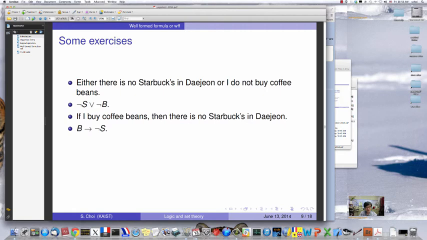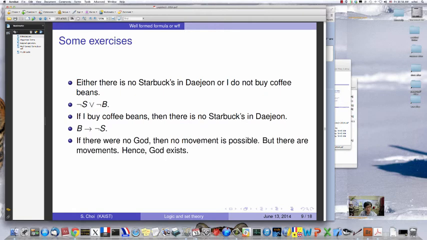Another example: if there is no God, then no movement is possible, but there are movements, hence God exists. So if there is no God, there will be no movement. G means there is God, M means there is movement. Since there is movement, there is God.